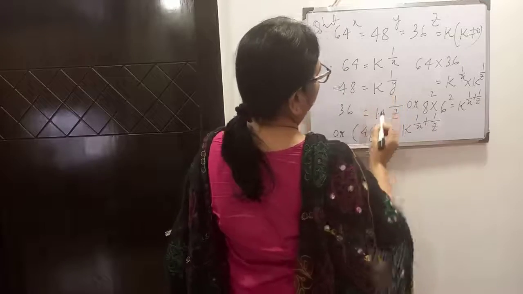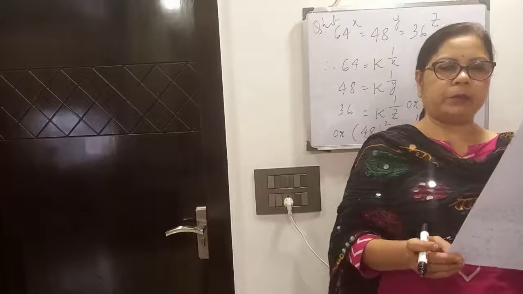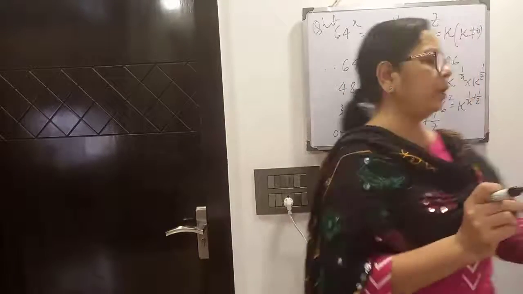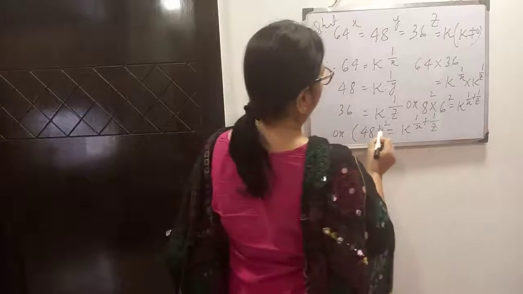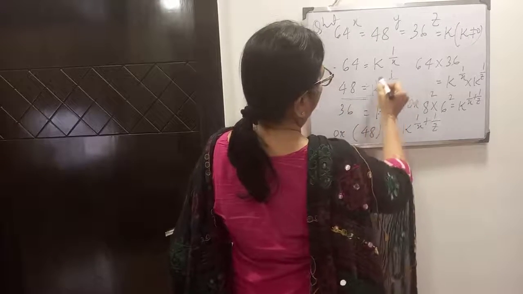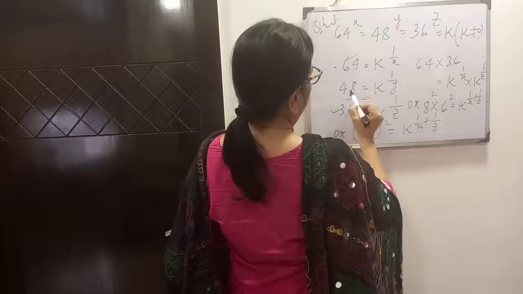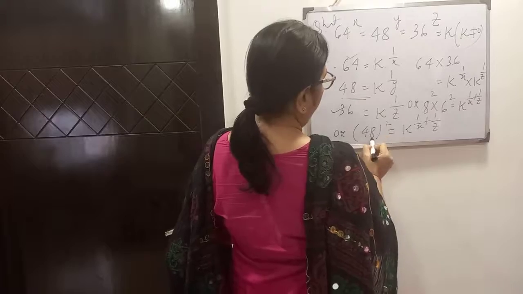But what do we have to prove? You have to prove that 1 by x plus 1 by z equals 2 by y. So we need y. From where do we get it? From this: 48 equals k to the power 1 by y. That's why I have multiplied the first one and the third one. Then we have got 48.